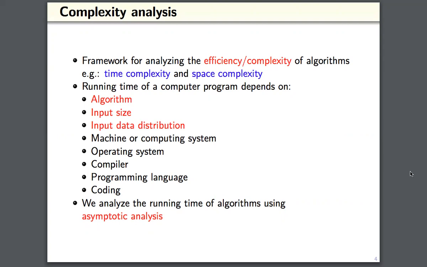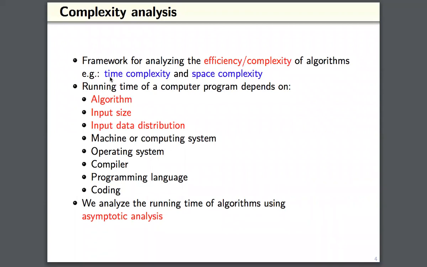Here we don't say something like this computer program takes 7.8 seconds. It is meaningless, right? We just give the order of this complexity. For example, theta of n squared, theta of n log n, O of n power log 3, and so on, right? This framework is complexity analysis.